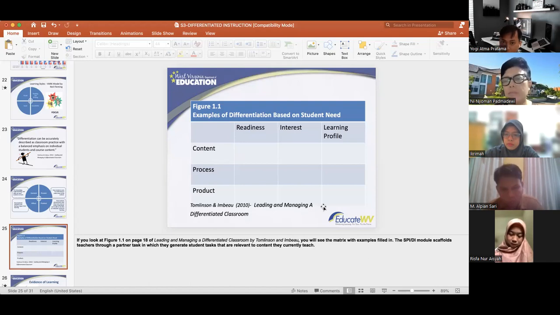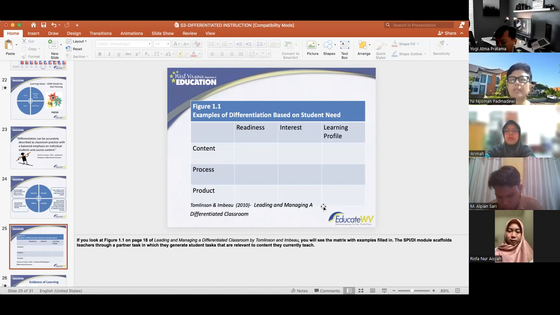If you want to implement differentiation in your classroom, there are 3 kinds of differentiation you have to do. The first one, differentiation in terms of the content. I told you before, the content can be differentiated, for example, for advanced students, for average students, or for the low level. The next one is that the differentiation can also be done based on the process.